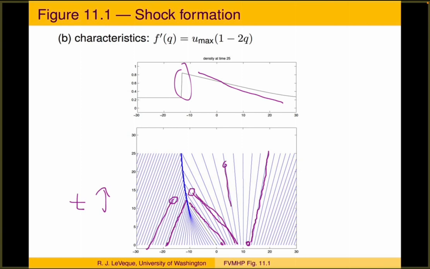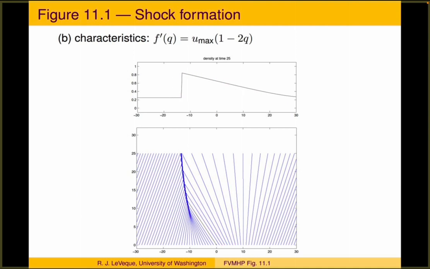Since the solution is constant in these smooth regions, you can reconstruct exactly what the solution looks like by tracing back along characteristics. But there's this singularity here where the characteristics come together, and that's where this shock wave is forming, and it's moving at some speed, which, as we see in this figure, isn't necessarily constant.